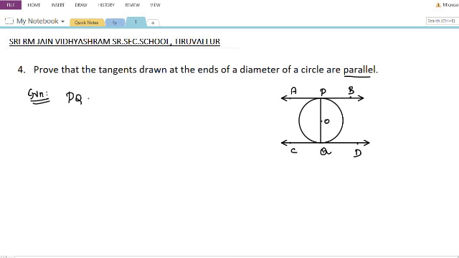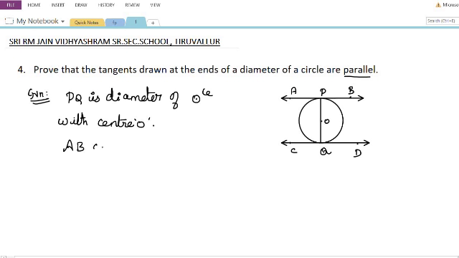Given is PQ is the diameter of a circle with center O. And what else is given? They have given 2 tangents, right?